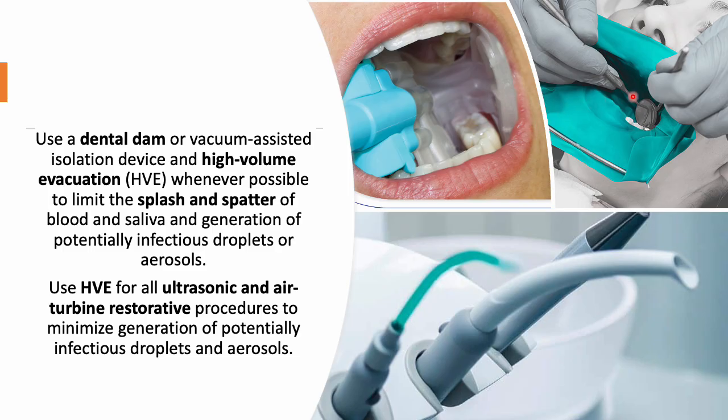During treatment, use rubber dam or vacuum-assisted isolation device and high-volume evacuation whenever possible to limit the splashes and spatter of blood and saliva and generation of potentially infectious droplets or aerosols from getting on the dental healthcare personnel and the environment around them. Use the high volume evacuation for all the ultrasonic and air turbine restorative procedures to minimize the generation of potentially infectious droplets and aerosols.